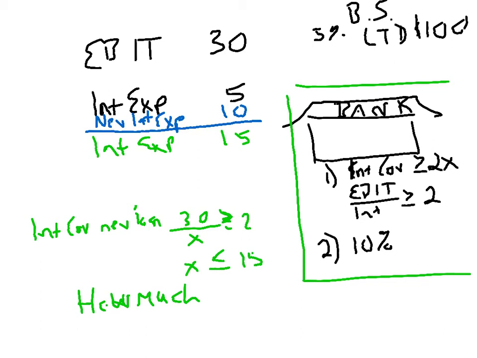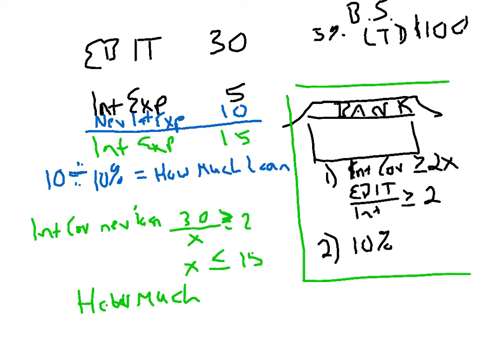So now we need to ask ourselves, okay, we have this 10, and now we need to figure out, well, what is that in terms of a loan? So the way that we do that is we divide that 10 by 10%.